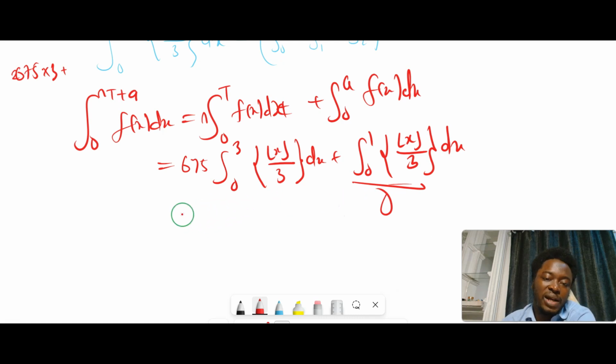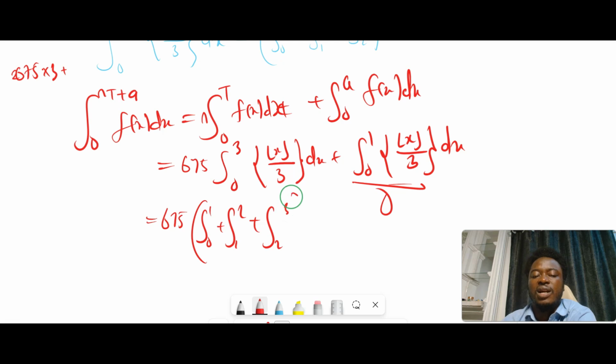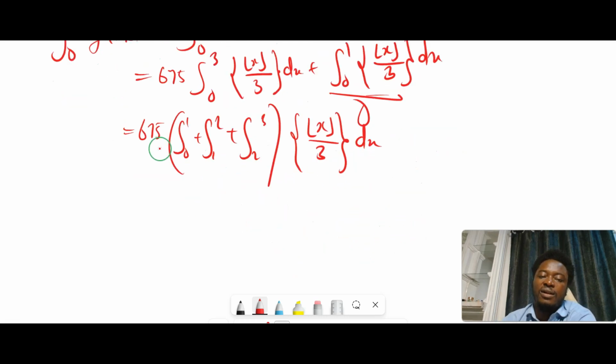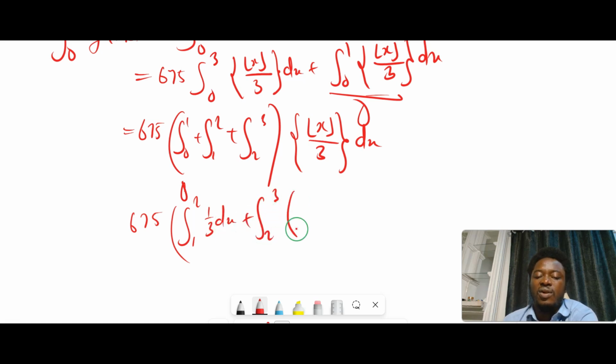On the other hand, this part you can write as 675 times the integral from 0 to 1, plus the integral from 1 to 2, plus the integral from 2 to 3 of the fractional part of the floor of x over 3 dx. From 0 to 1 this will be 0. From 1 to 2 you get 1 over 3, plus the integral from 2 to 3 of 2 over 3 dx.